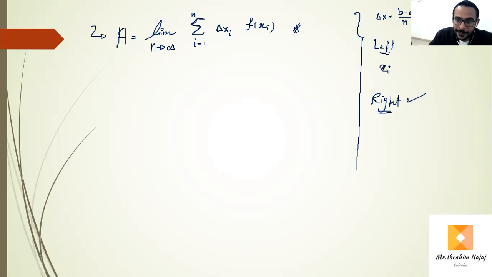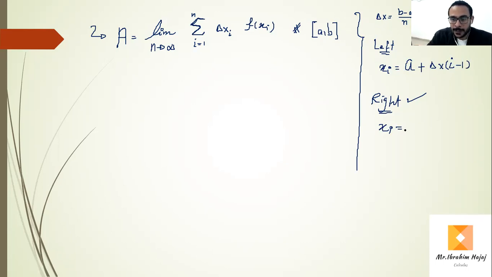What's the xi in the left and in the right? In the left it's a plus delta x times i minus 1. A means you are finding the area bounded between two numbers, in a closed interval [a, b].